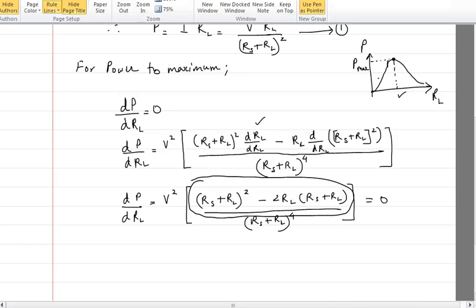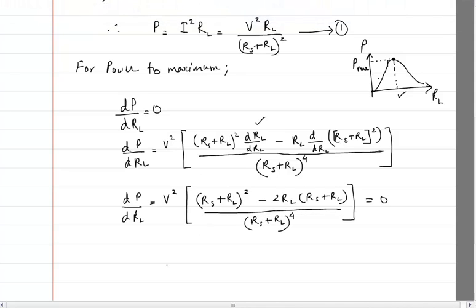So this equation reduces to, for this condition to be satisfied, I should write the numerator: RS plus RL square minus 2 RL, then RS plus RL, is equal to 0.